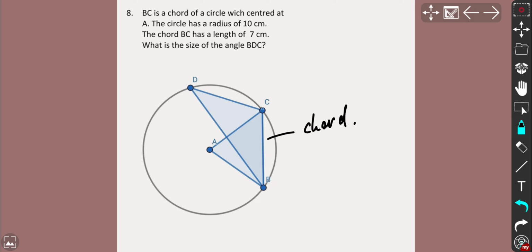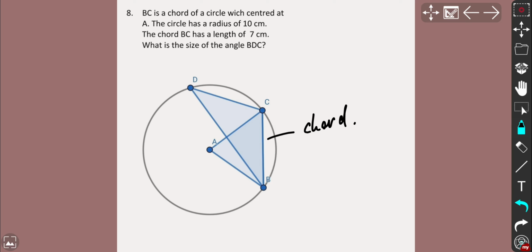If the chord goes through the center, connecting 2 points and the center on a straight line, so that all 3 points are collinear, lying on one line, then the segment and chord becomes a diameter.